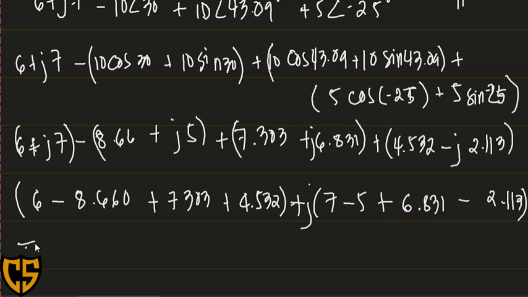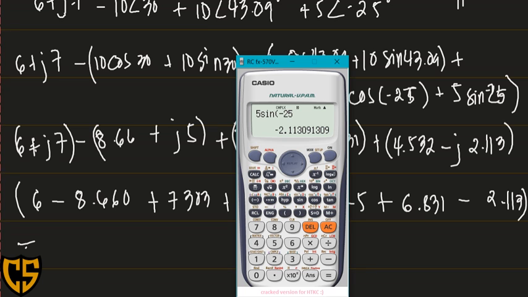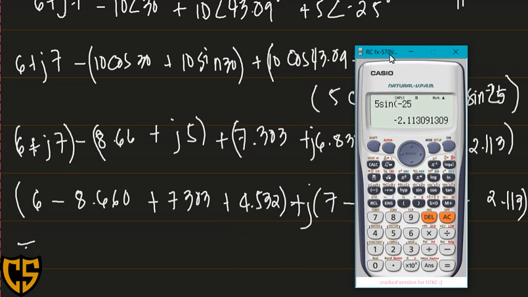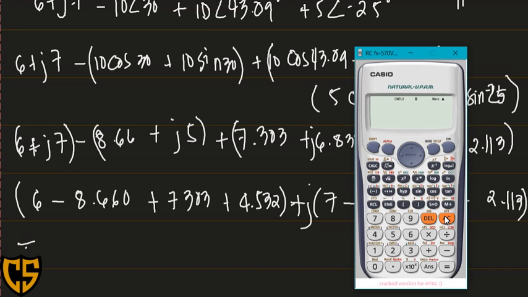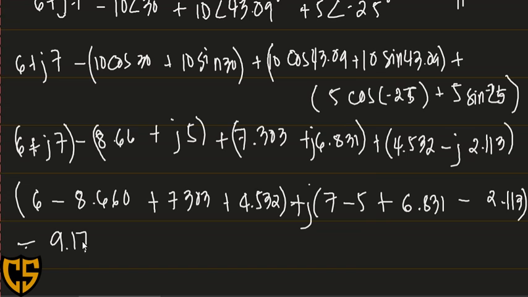Then our final answer would be, performing the operation, 6 minus 8.660 plus 7.303 plus 4.532. This is equal to 9.175.